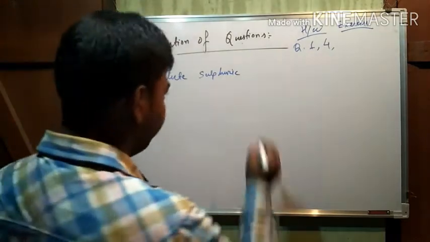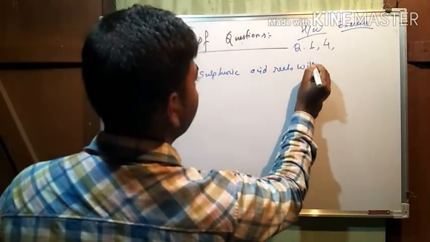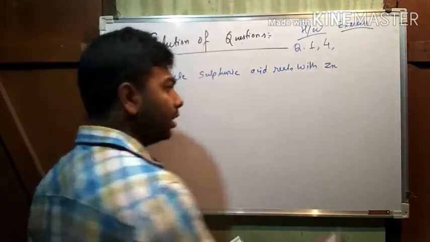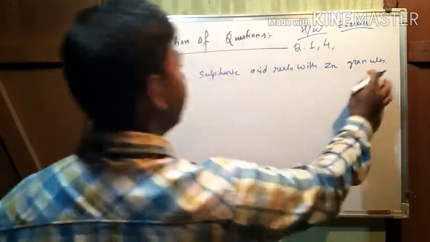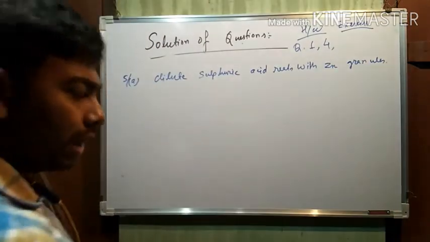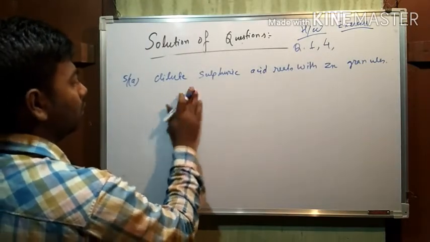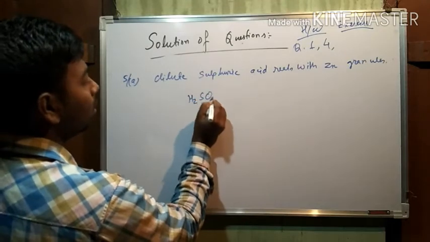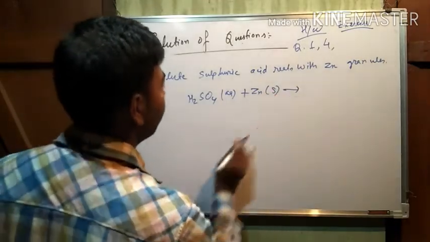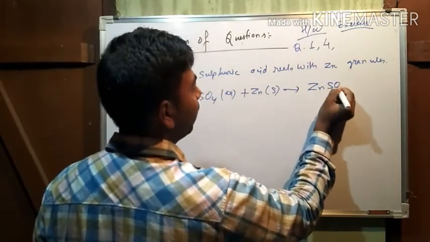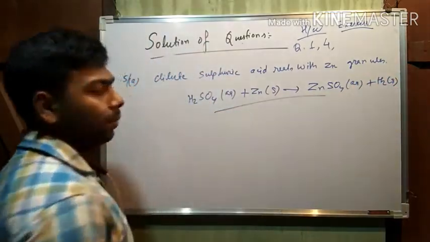When dilute sulfuric acid reacts with zinc granules, zinc granules means zinc metal. Now, what is the reaction? Sulfuric acid, formula H2SO4 aqueous, plus zinc solid, it produces zinc sulfate aqueous plus H2 gas. This is the balanced chemical reaction.